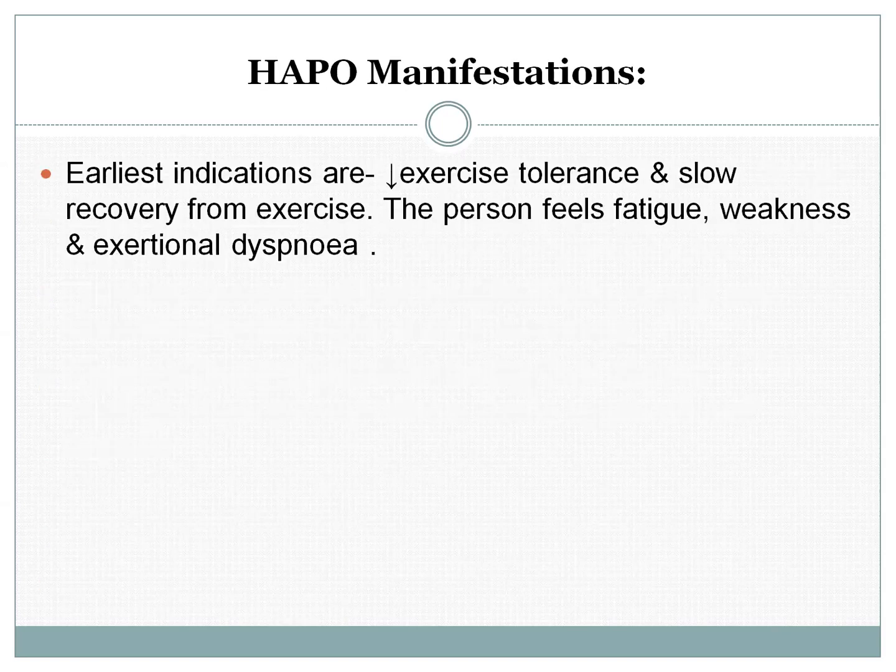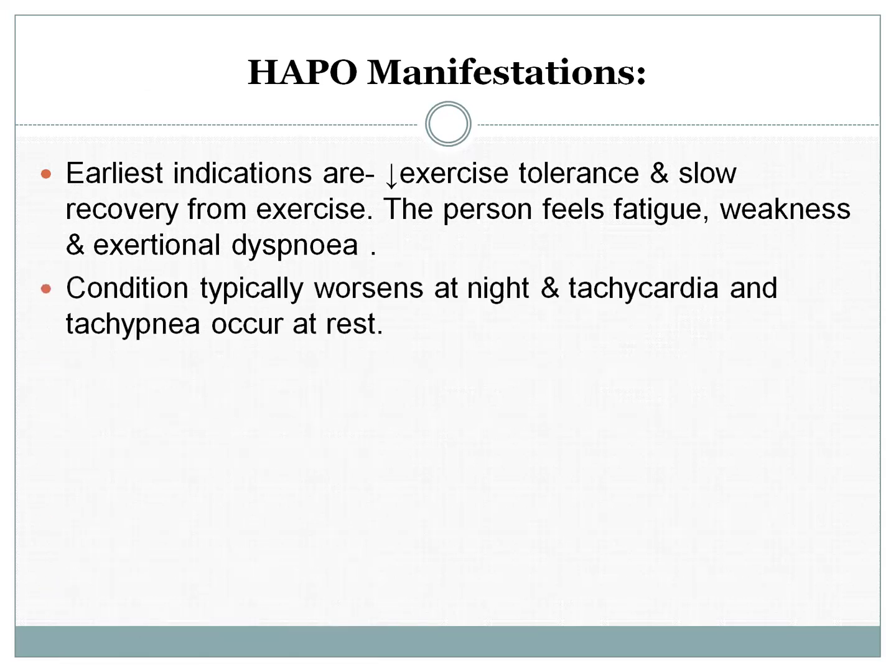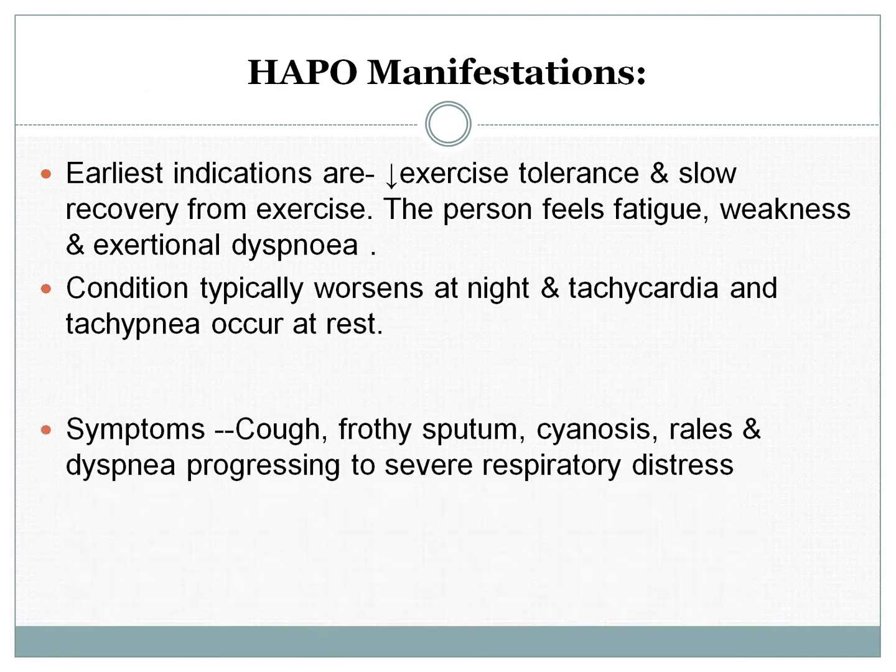What are the manifestations? The earliest indications are decreased exercise tolerance and slow recovery from exercise; the person feels fatigue, weakness and exertional dyspnea. The condition typically worsens at night, and tachycardia or tachypnea occurs at rest also.